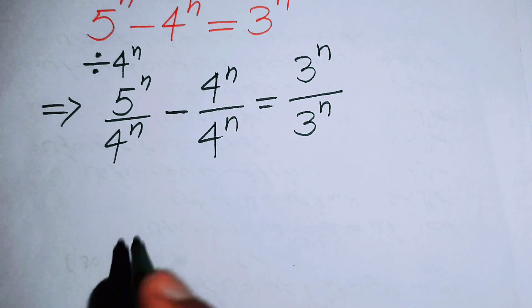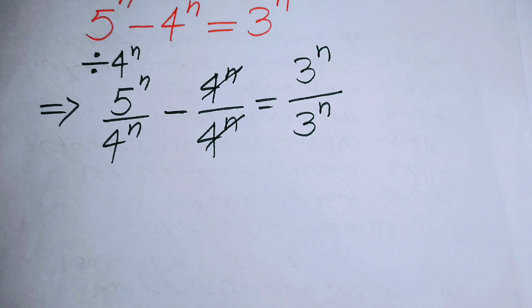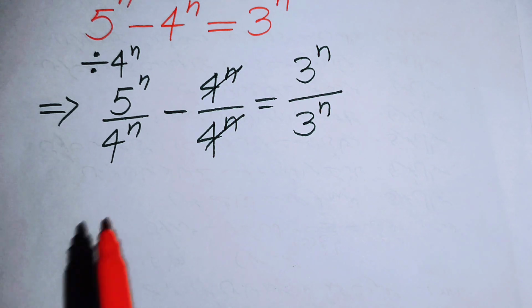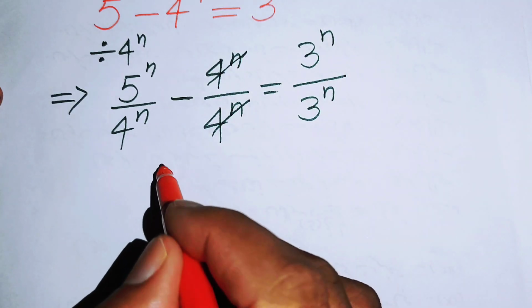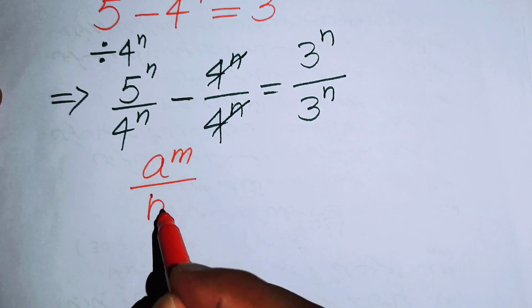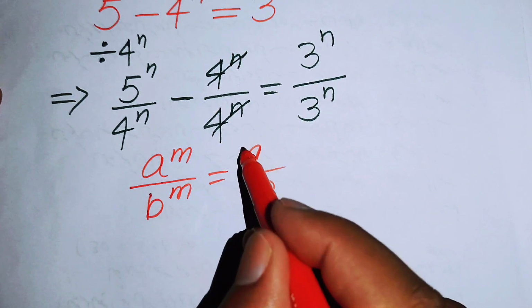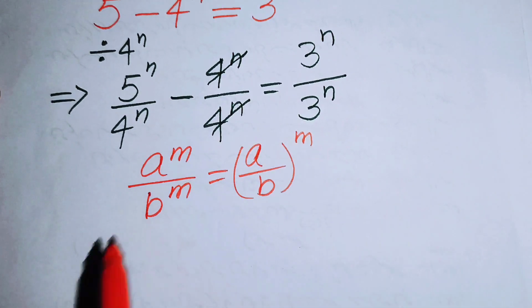Now you see that these two terms are gone, and we can apply the exponential law: a to the power of m over b to the power of m is equal to a over b to the whole power m.